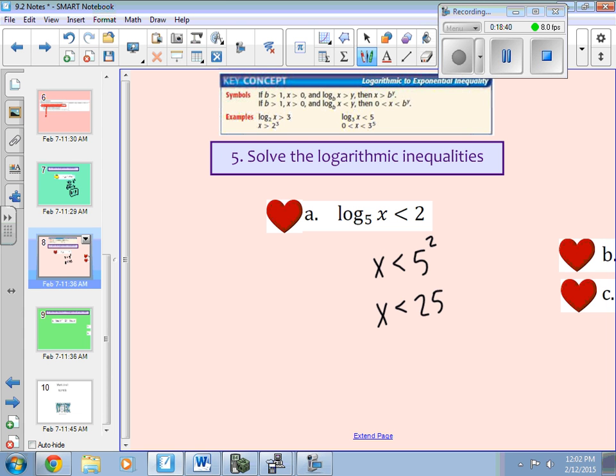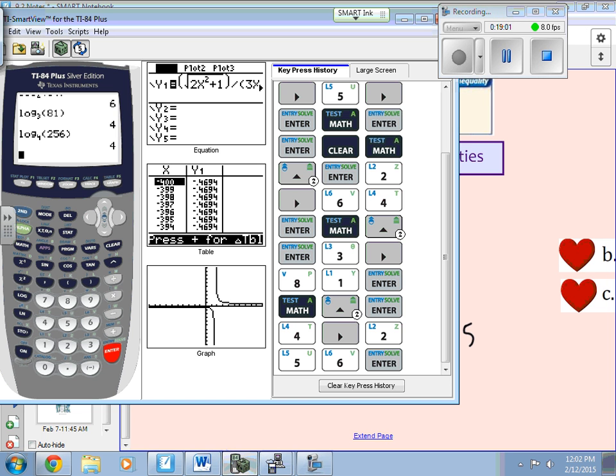Now, this answer, a lot of the numbers you put in less than 25 will work here. However, if it's all the numbers less than 25 that should work, that means one of the numbers that should work would be -10. -10 is less than 25. Well, what happens if we try putting this into our calculator then?